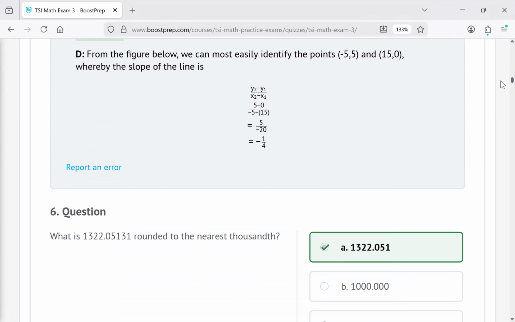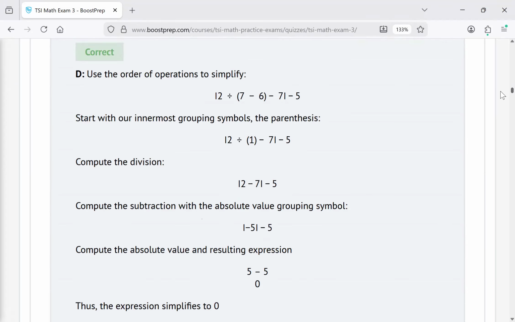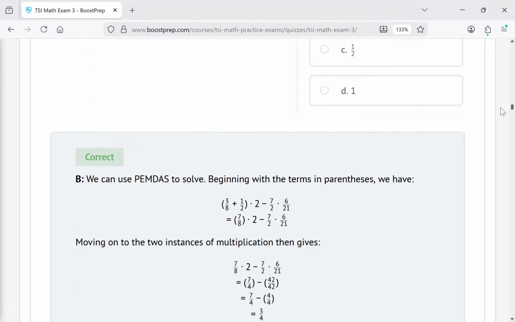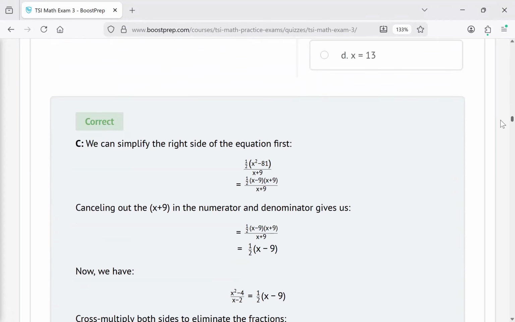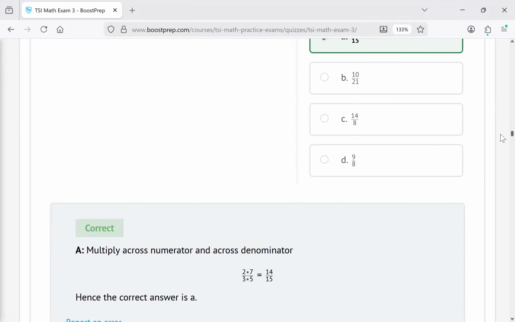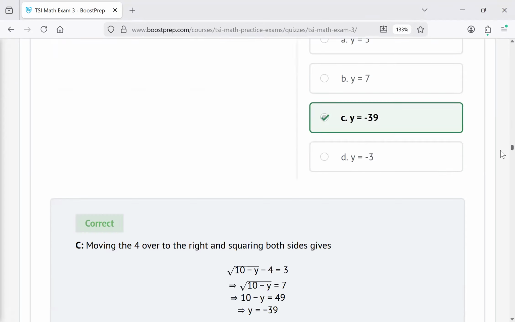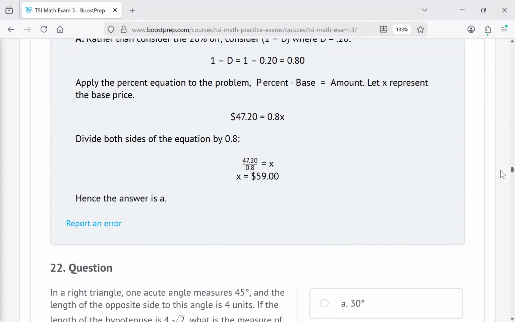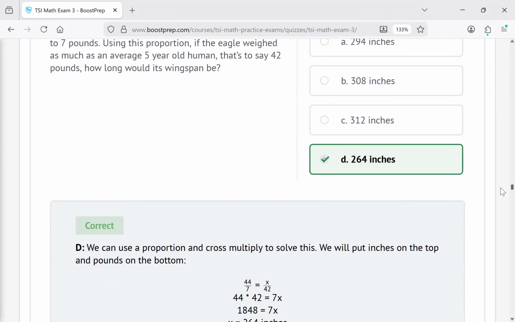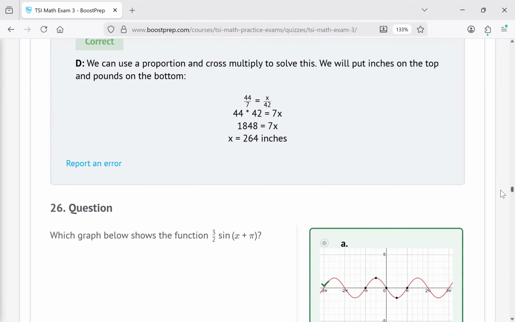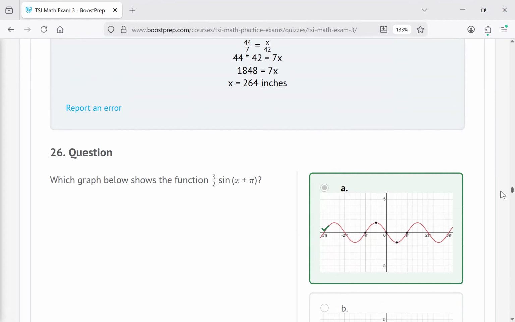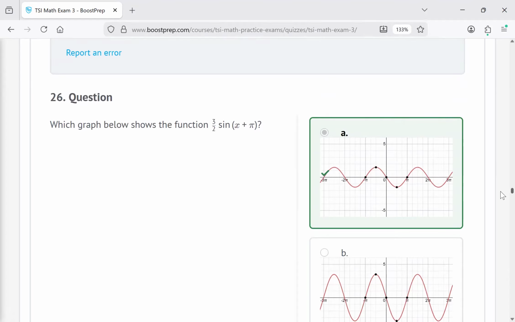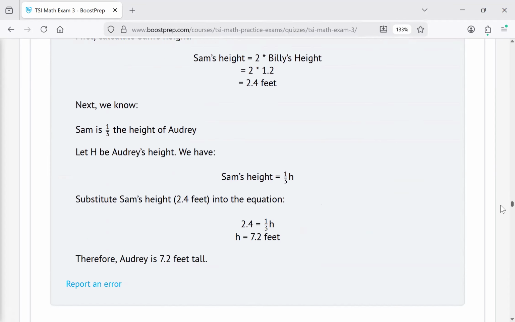There's only one mistake we made. Okay, we got that one right. 26. Which one did I get wrong?